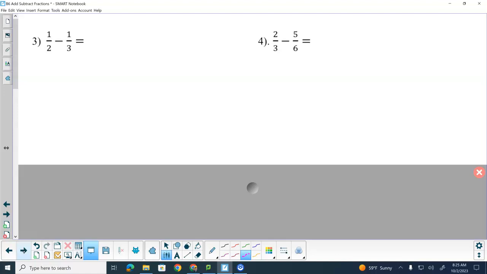Subtraction problem now. Okay? Same steps. Do we have a common denominator? No, we don't. What is my common denominator between 2 and 3? 6.